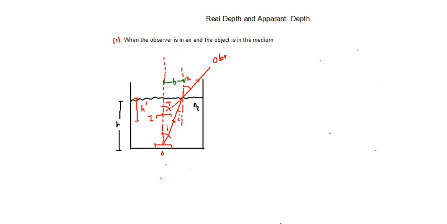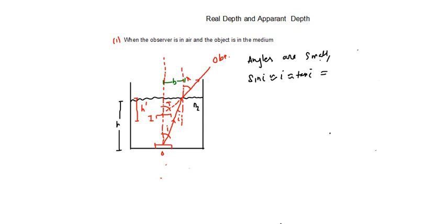Now, the first assumption is that the angles are very small, so small that sine of I is equivalent to I, equivalent to tan of I. Whether you take sine I, tan I, or I, all will be equivalent, not equal.